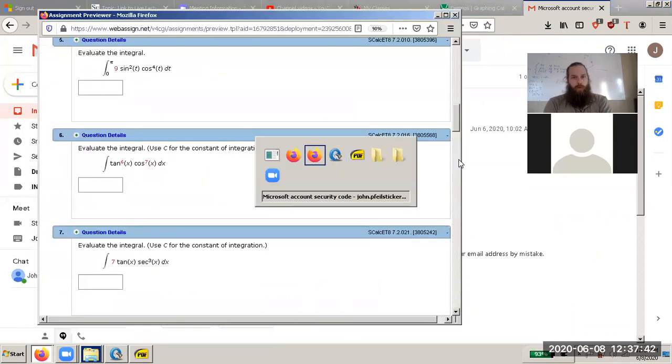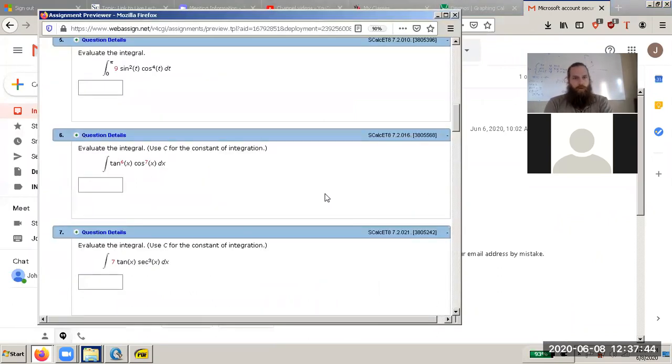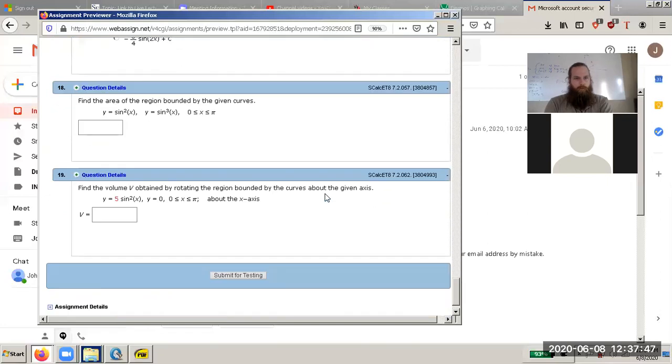So the other one that you guys really wanted to see was number 19. Let's take a quick look at that. It's a volume problem.